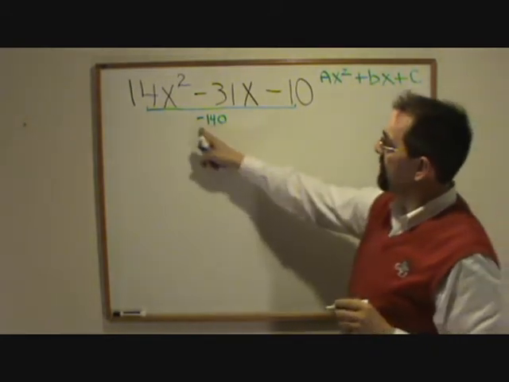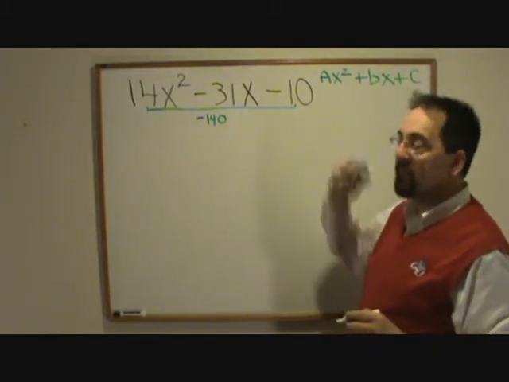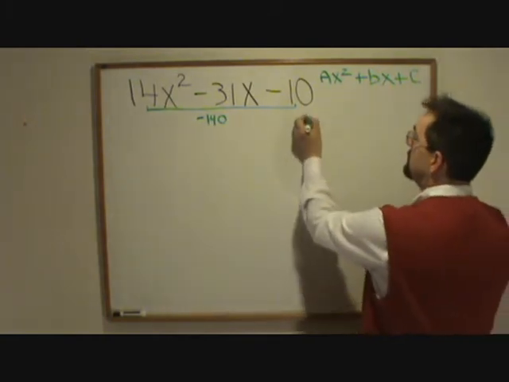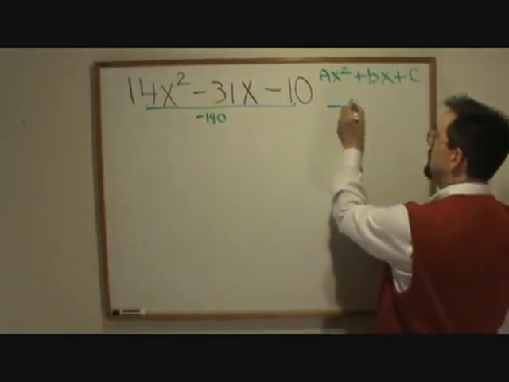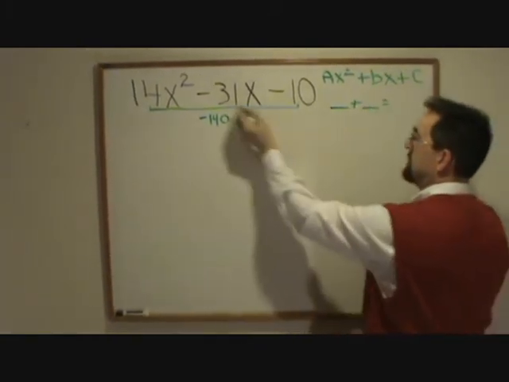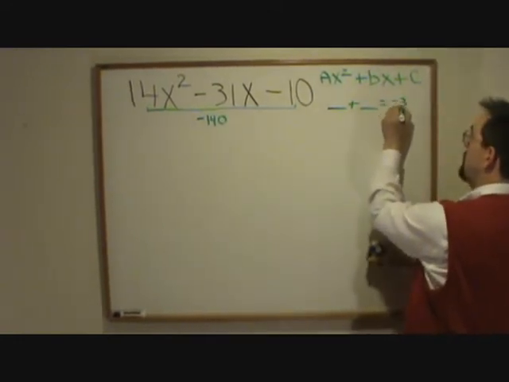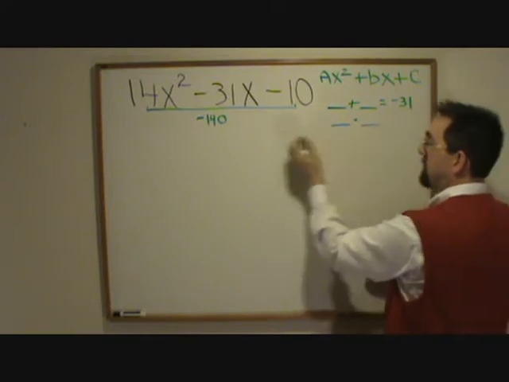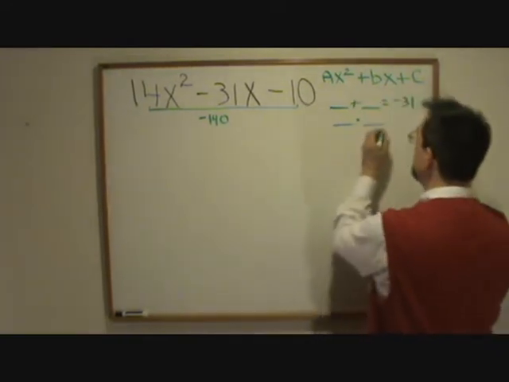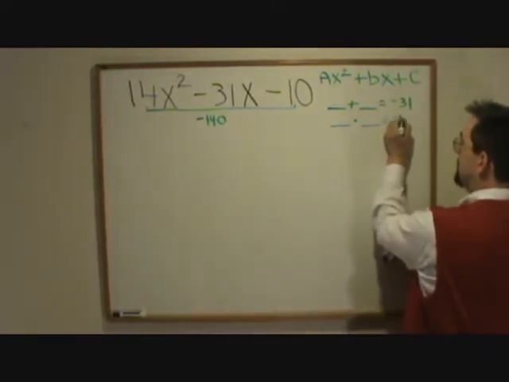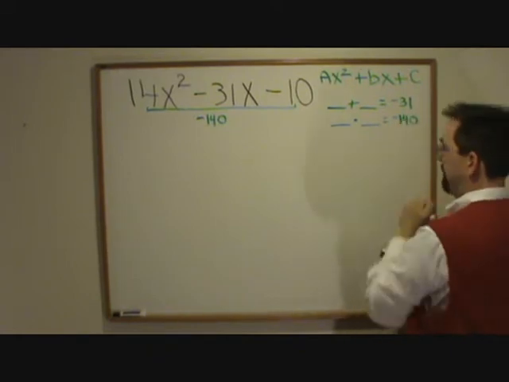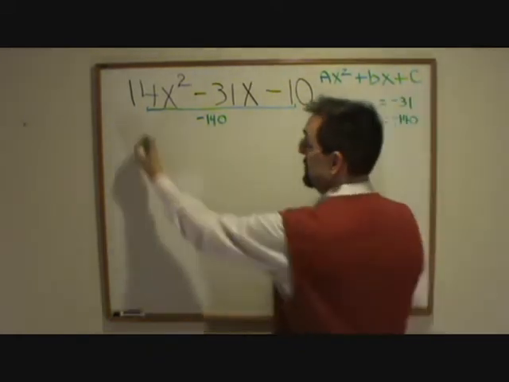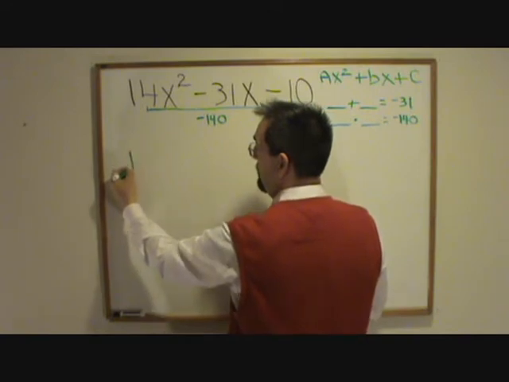Now, from this minus 140, I've got to find two numbers that add together to give me minus 31, while at the same time those two numbers multiply together to give us minus 140.